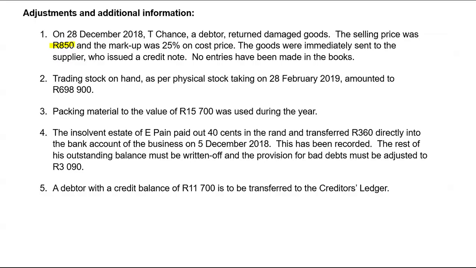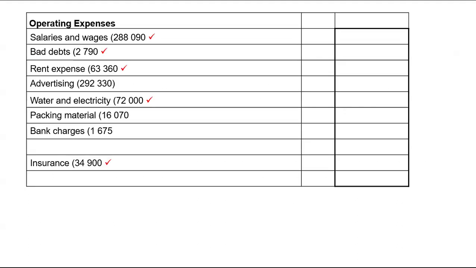Number 3, packing material to the value of 15,700 was used during the financial year or during the year. The used packing material will be recorded as an expense. We will record it under operating expenses as an expense. Let's find out.